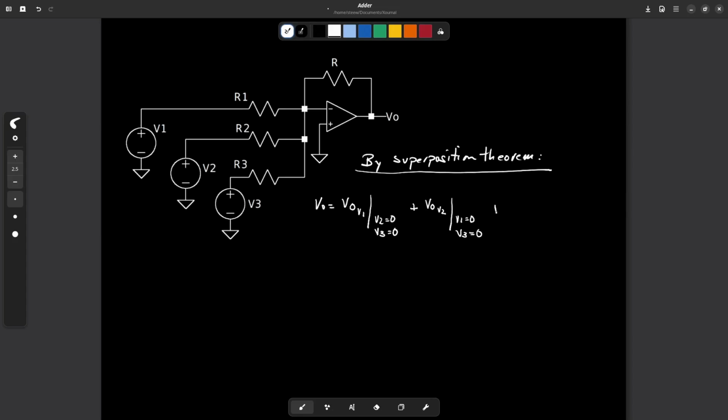And finally, we add the contribution of V3. So we get V0 due to V3, okay, with source 1 nullified and source 2 nullified. So now we're going to draw these three circuits separately, and we are going to calculate the contribution of each one to the output voltage.